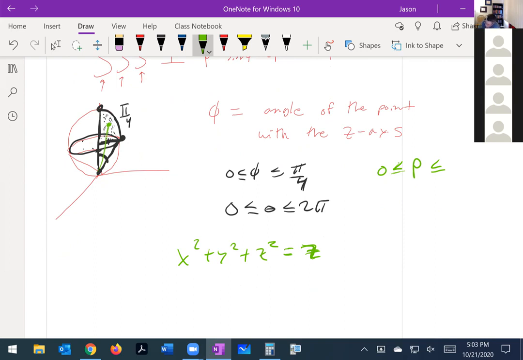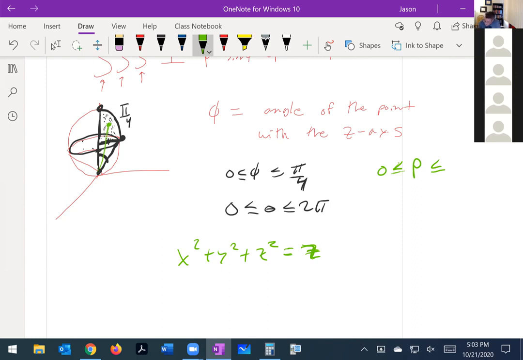Okay, so let's change this all to spherical coordinates. So what is x squared plus y squared plus z squared? The equation of a sphere?